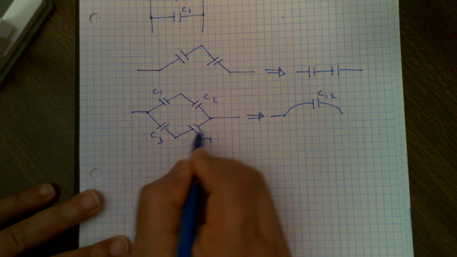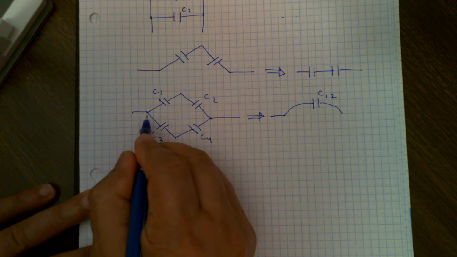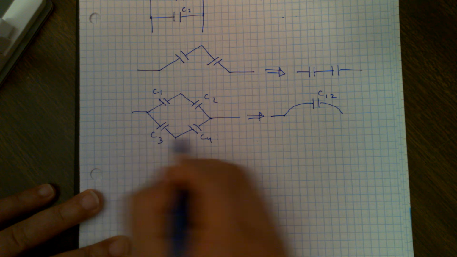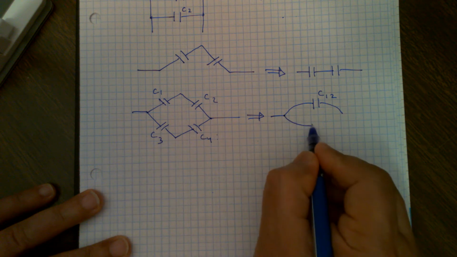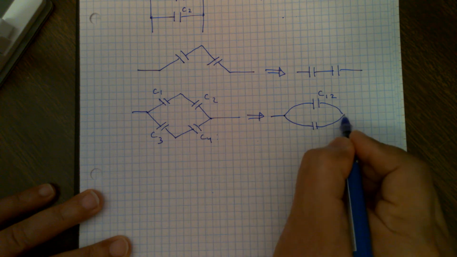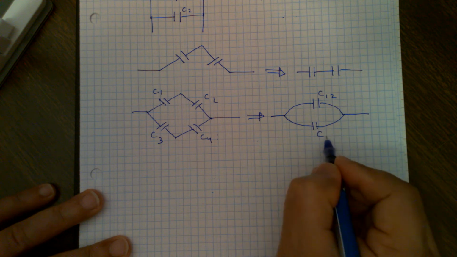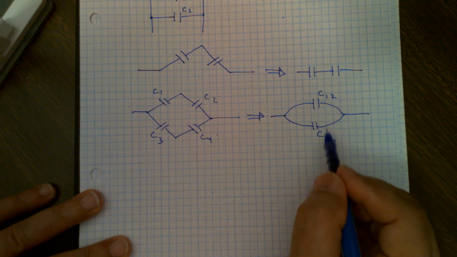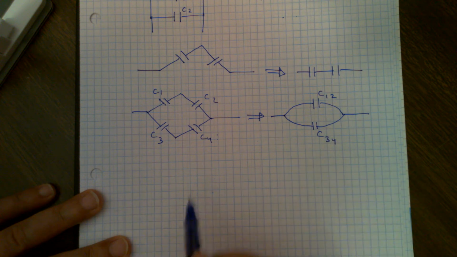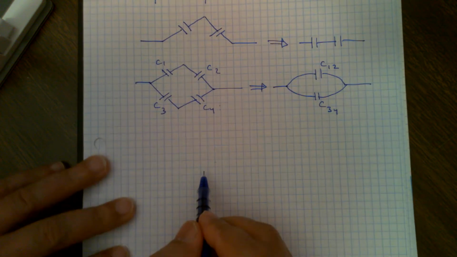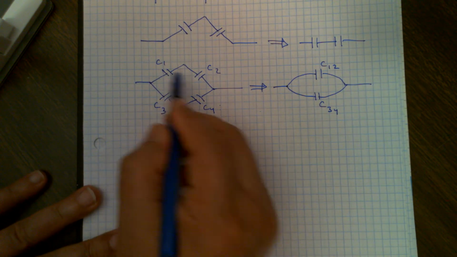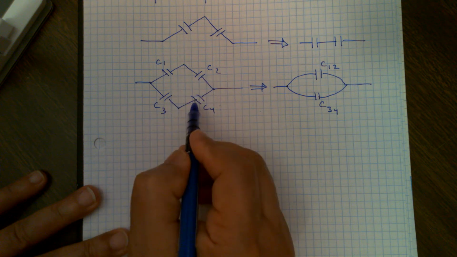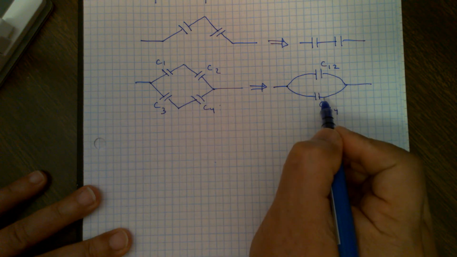And let's call this C3,4 because that's the equivalent capacitance for 3 and 4. So C1,2 and C3,4 will be in parallel. This and this in series, this and this in series, this and this will be in parallel.